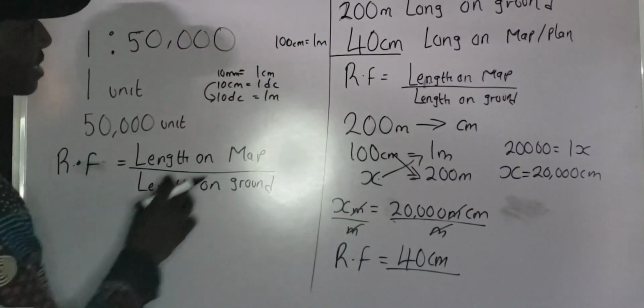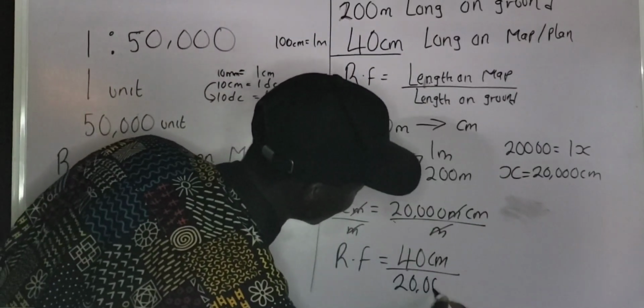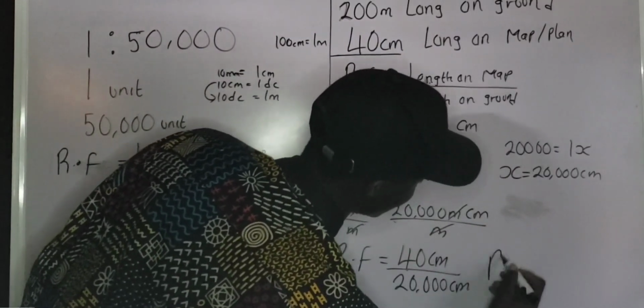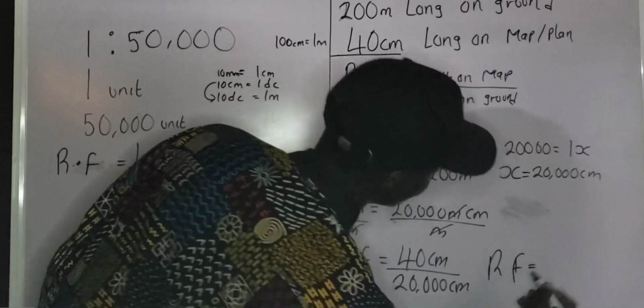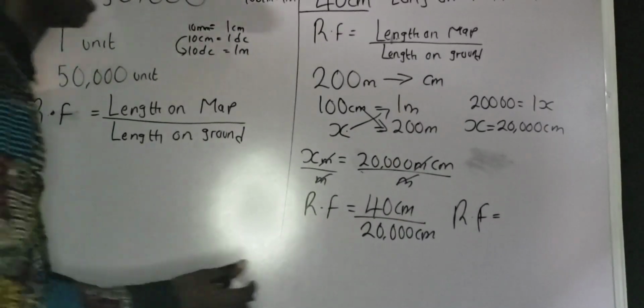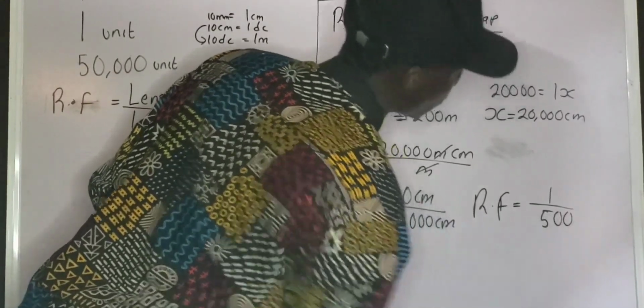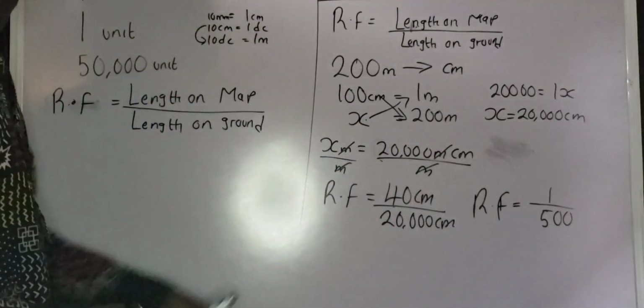The length on ground is 20,000 centimeter. So the representative fraction is equals to 40 centimeter all over 20,000 centimeter. That is 1 all over 500. So the representative fraction is 1 over 500.